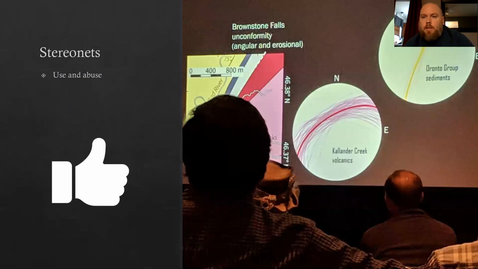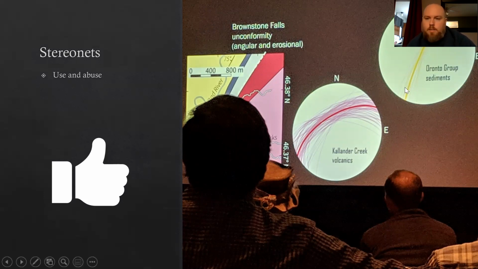On the other hand, this is a series of nice looking stereonets. I took this photograph at the 2018 GSA convention, and the idea here is to use these stereonets to show that there's an angular unconformity between the Calendar Creek volcanics and the Oronto group sediments.